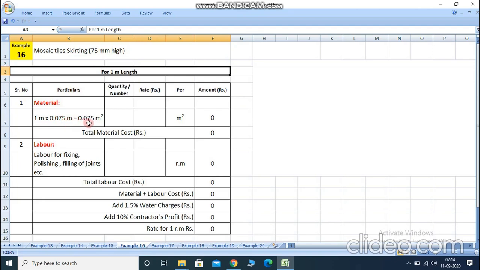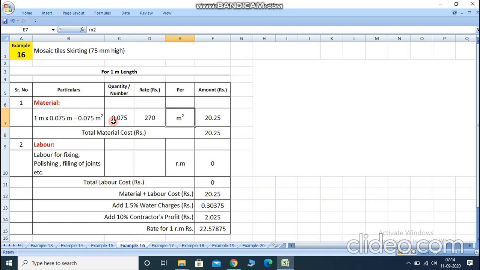So 0.075 meter square is the total area for a 1 meter running length. Quantity is 0.075, and rate per meter square is 270 rupees. So total amount is 0.075 multiplied by 270. We got the answer 20.25 as the total material cost.